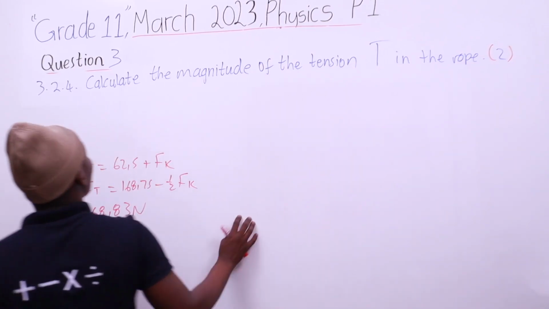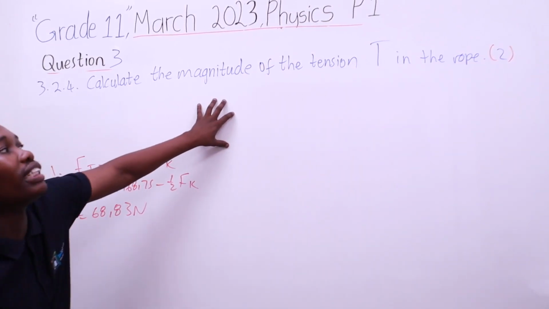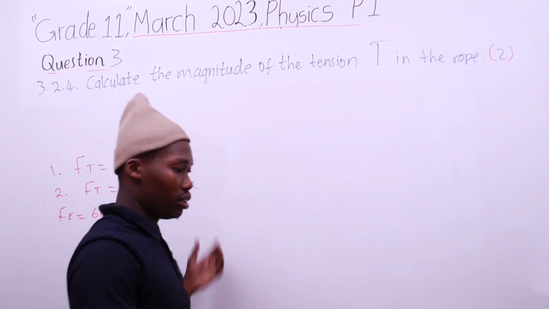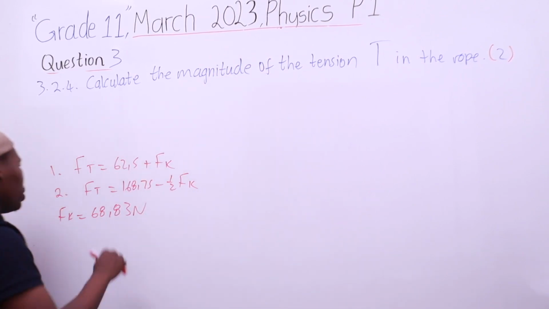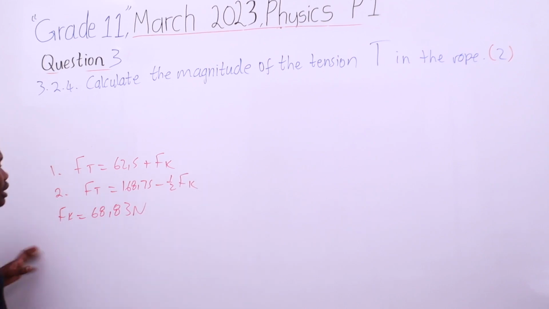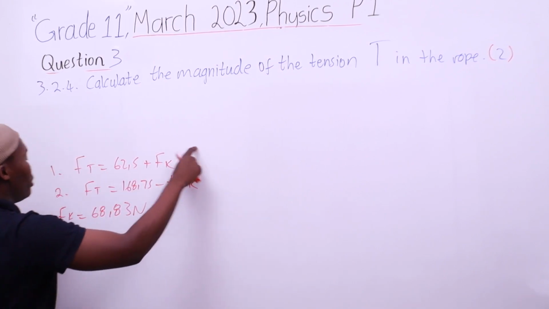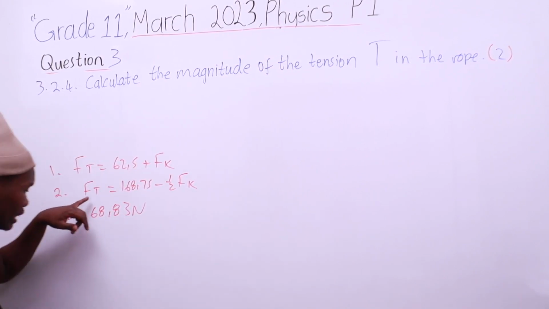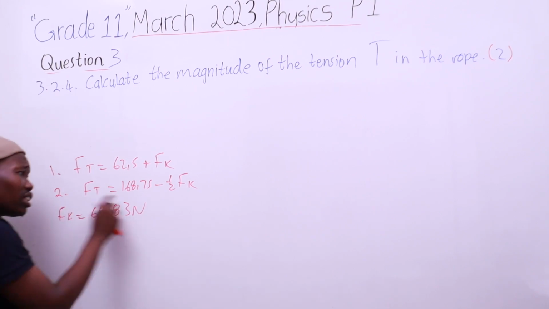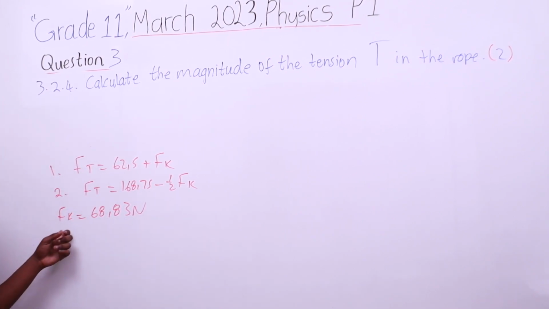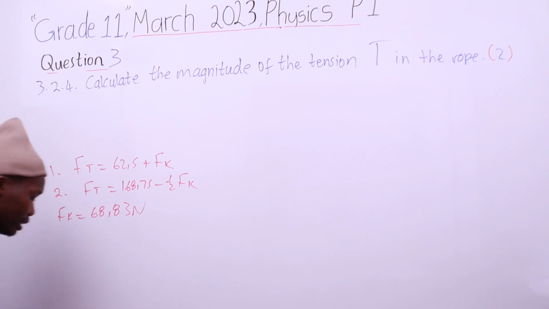Alright, so lo mbuzo manje uthi calculate the magnitude of the tension T in the rod. Tension la uthatha ama equations la wadu wasebenzisa for the 6 kg block, for the 50 kg block njalo sithole lo equation 1, for the 25 kg block sithole equation 2, and fk simtholile as 68,83.